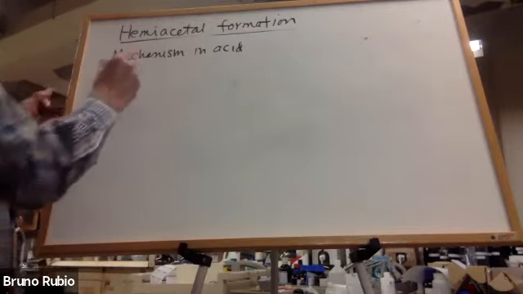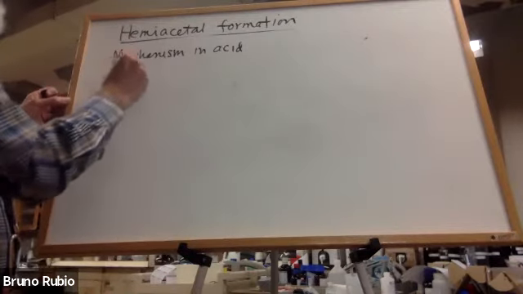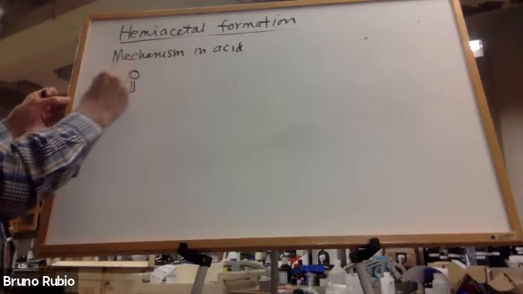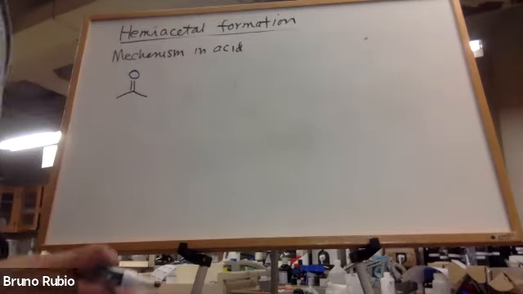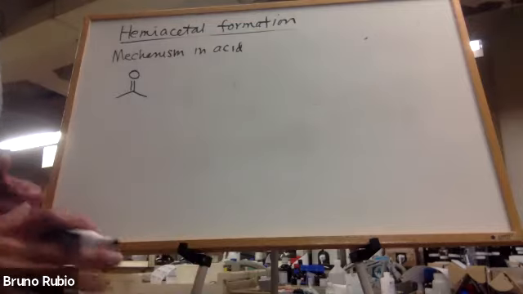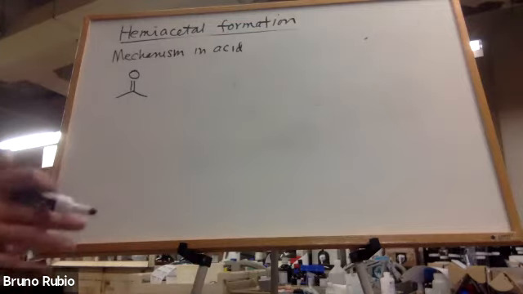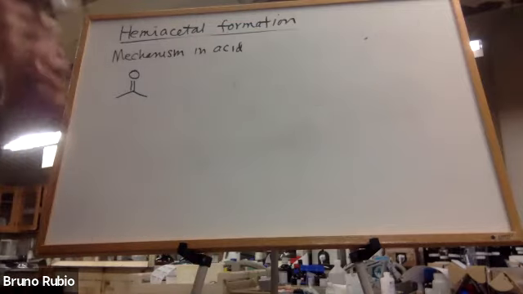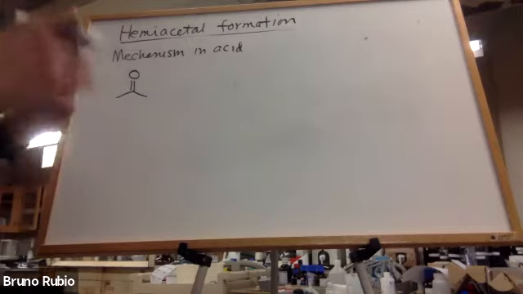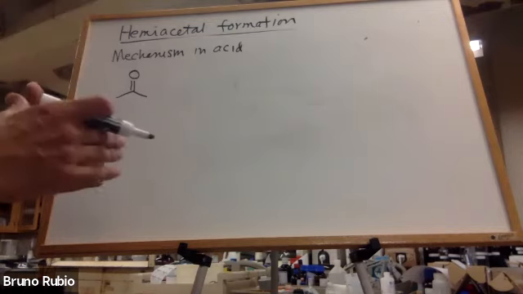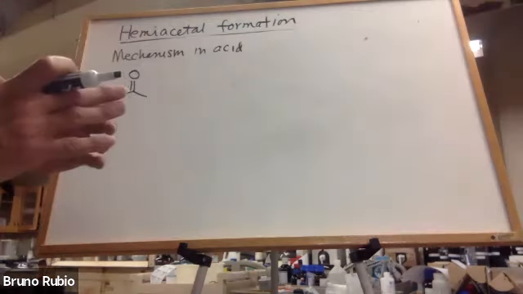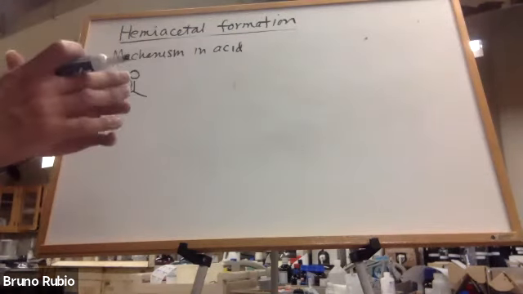Okay, mechanism in acid. There's our aldehyde or ketone, and we have said before that anytime we see an aldehyde or ketone or any kind of carbonyl compound in acidic conditions, the first 2 steps of the mechanism are nearly always going to be step 1, protonation of the carbonyl oxygen.